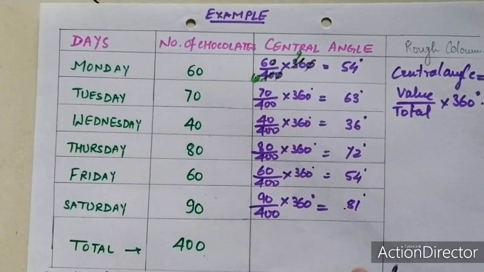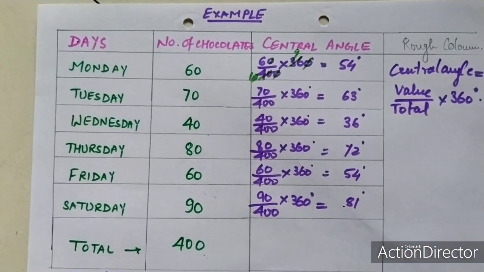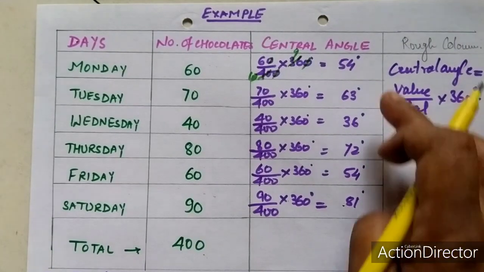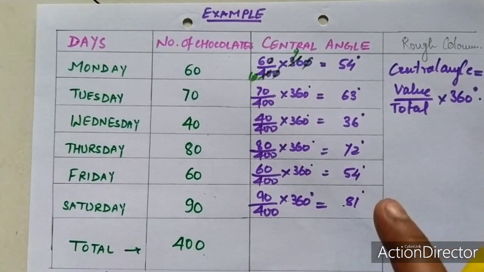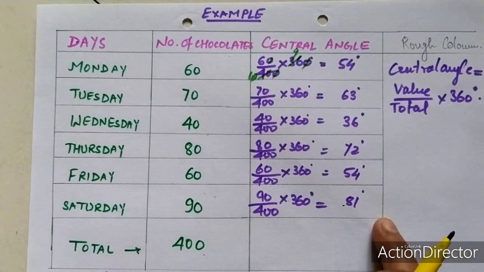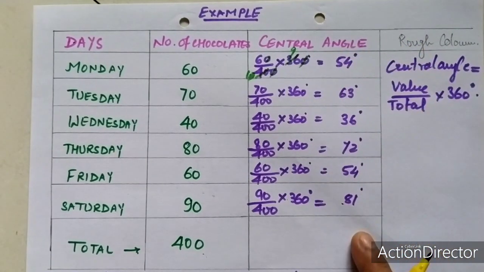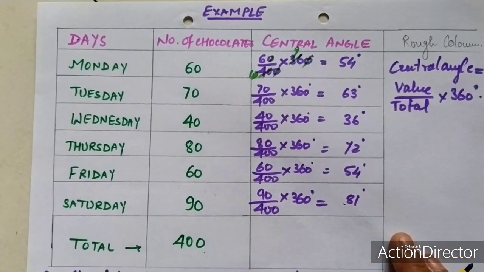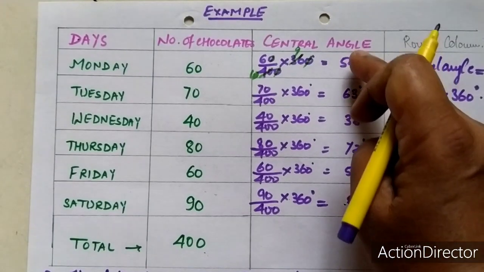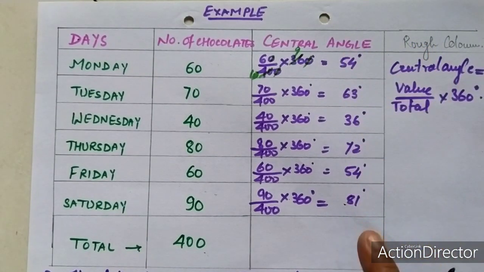Got it? So in this way we are getting all the central angles. After getting the central angles, that means all these degrees, you are going to use your protractor to make all these angles. One more important condition: when you add all these angles, check whether it equals 360 degrees or not.